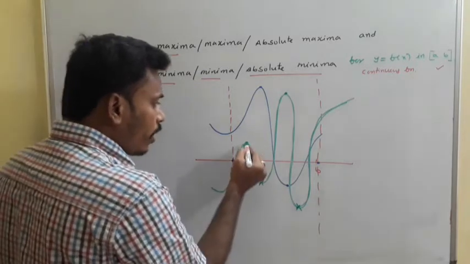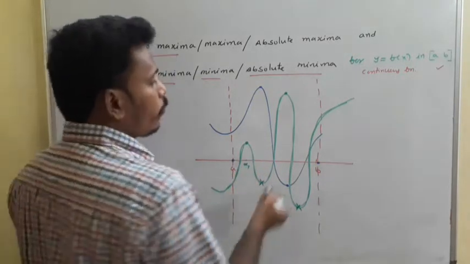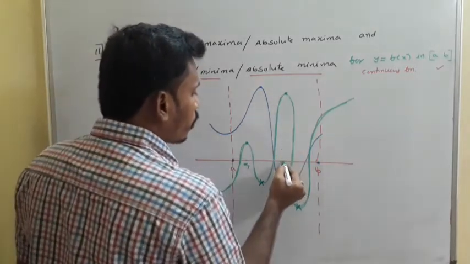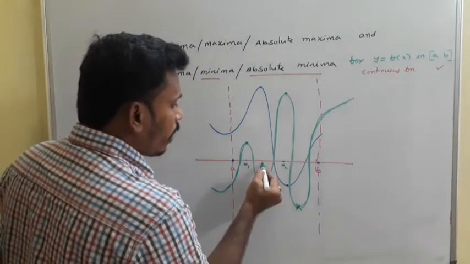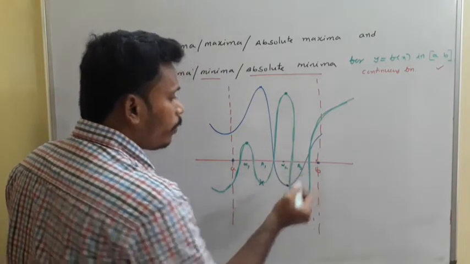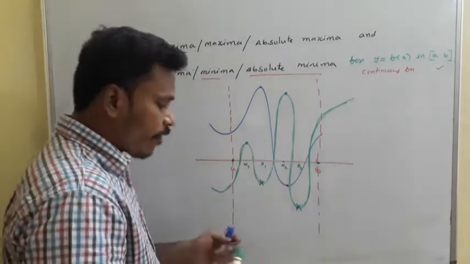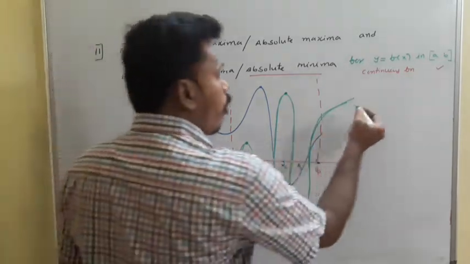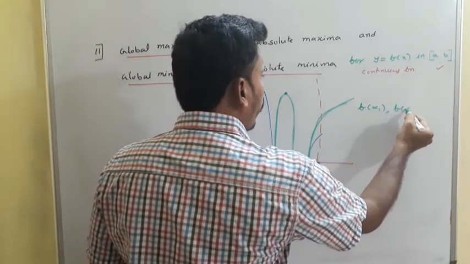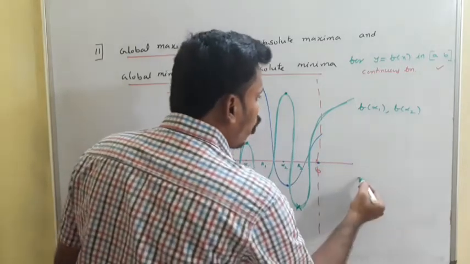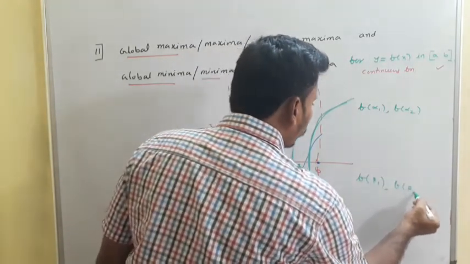Say the local maxima are at alpha 1 and alpha 2, and the local minima at beta 1 and beta 2. So this graph has two local maxima values, f of alpha 1 and f of alpha 2, and two local minima values, f of beta 1 and f of beta 2.